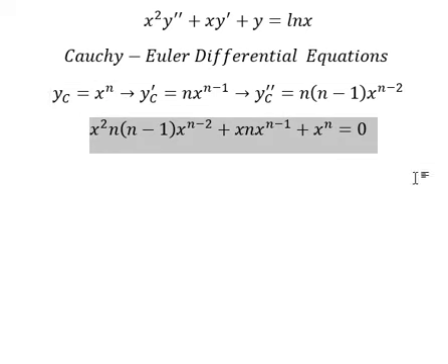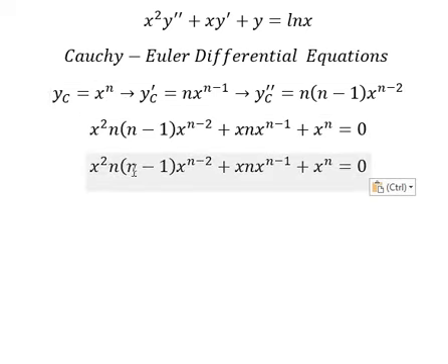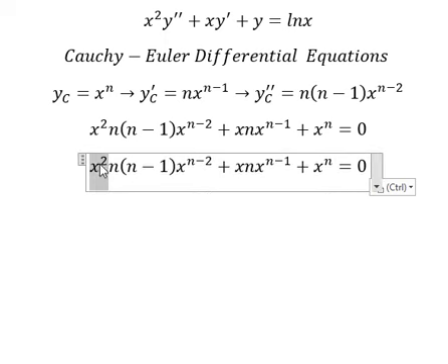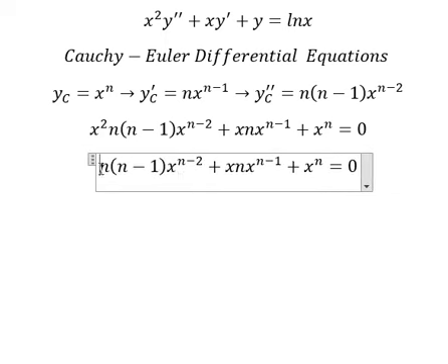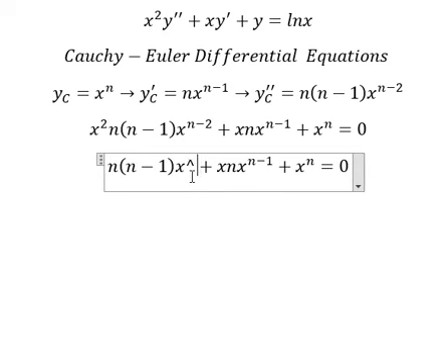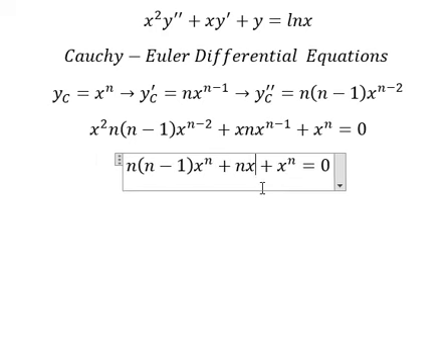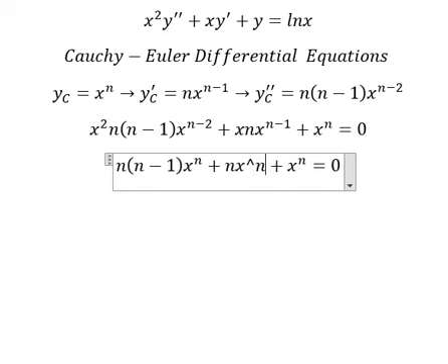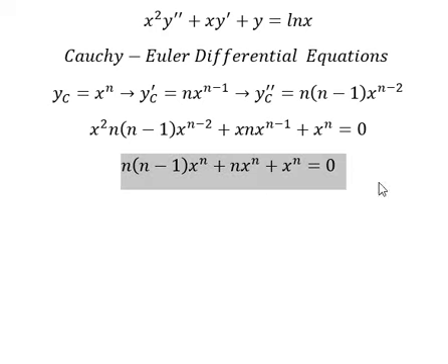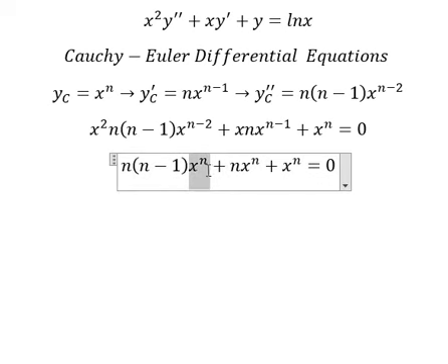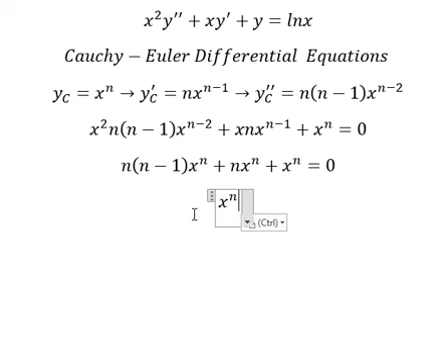So in this situation, s to the power of 2 multiplied by this one is s to the power of n. This one is s to the power of n. Later we can do factorization by s to the power of n. So we have like this.